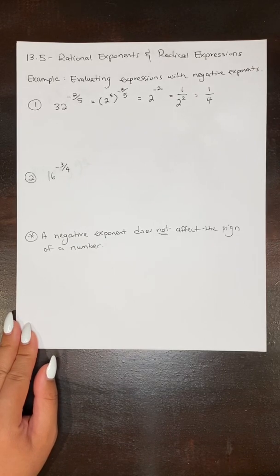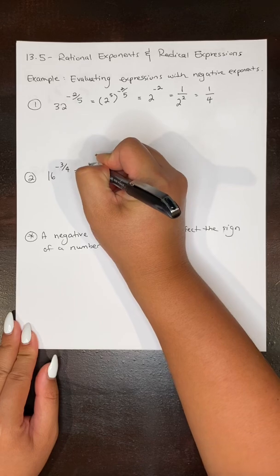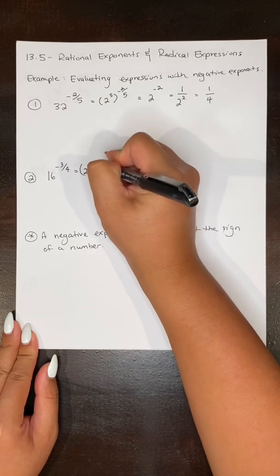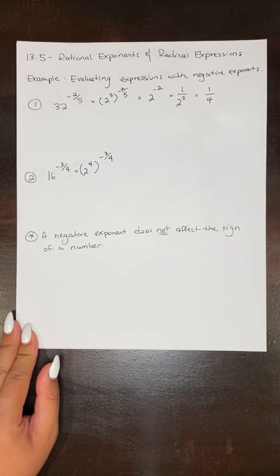Another example we can use is 16 to the negative 3/4 power. Again, we can rewrite 16 as 2 to the 4th power and apply the negative 3/4 power to that. Once we simplify the 2 exponents using the product rule, we get 2 to the negative 3rd power, or 1 over 2 to the third power.